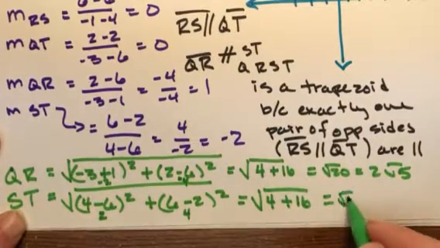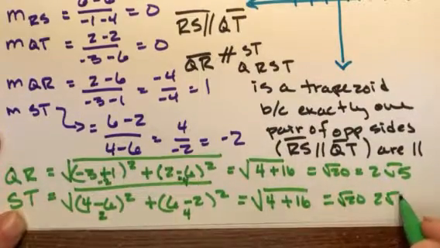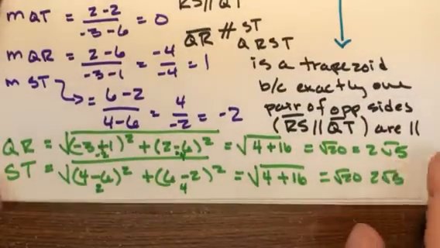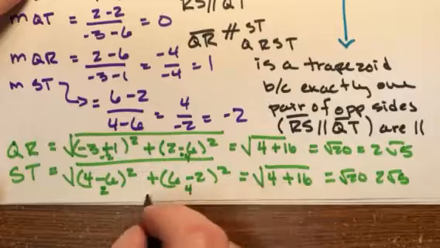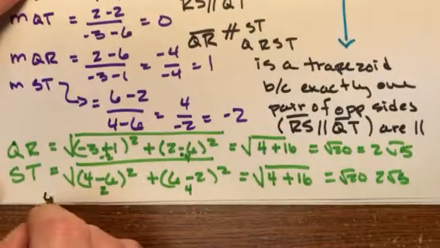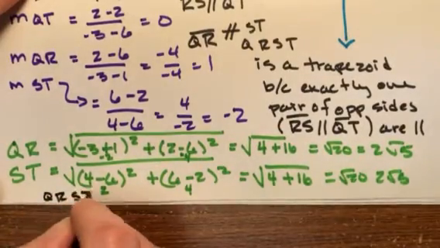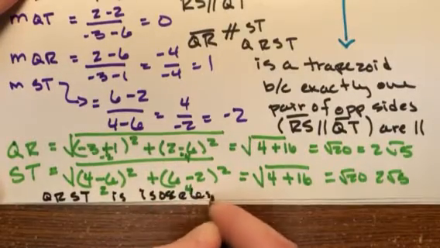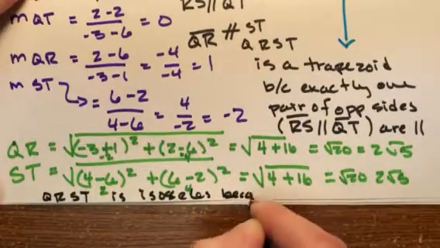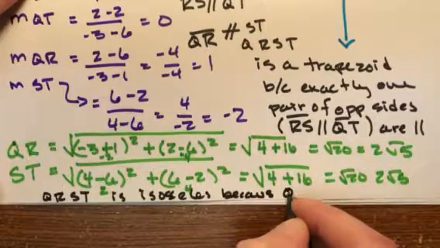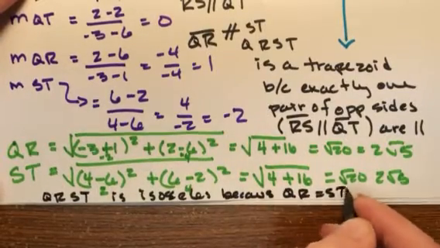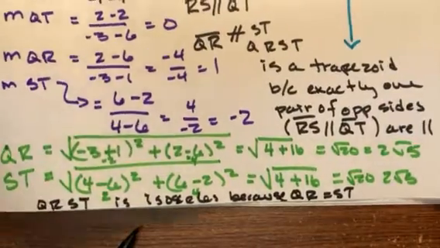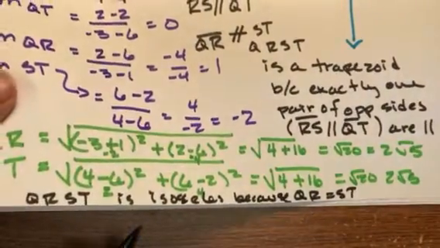And so that gives me square root of 20, 2 square root of 5. So QRST is isosceles because QR equals ST. Okay, so that's a coordinate proof for an isosceles trapezoid.